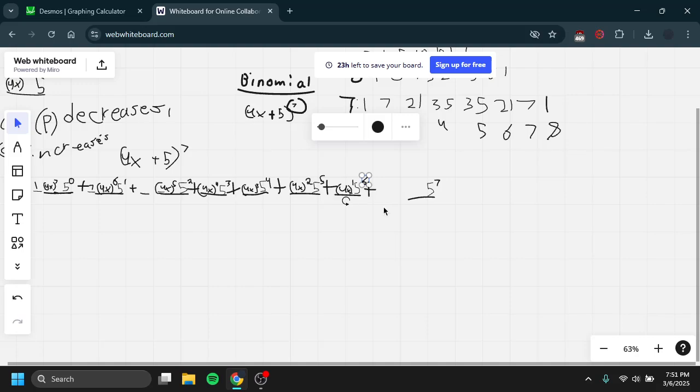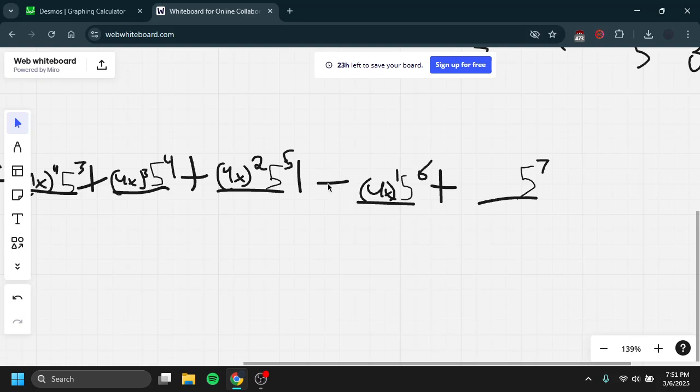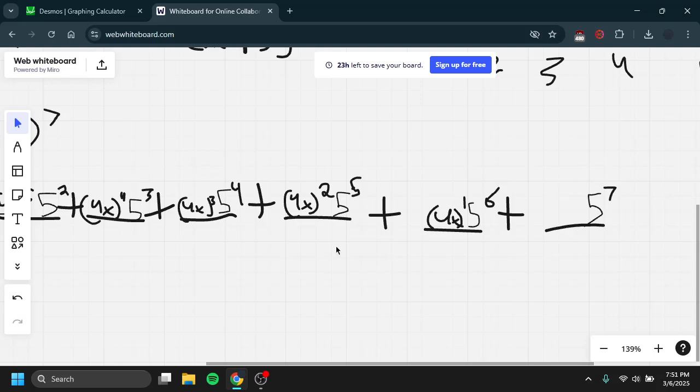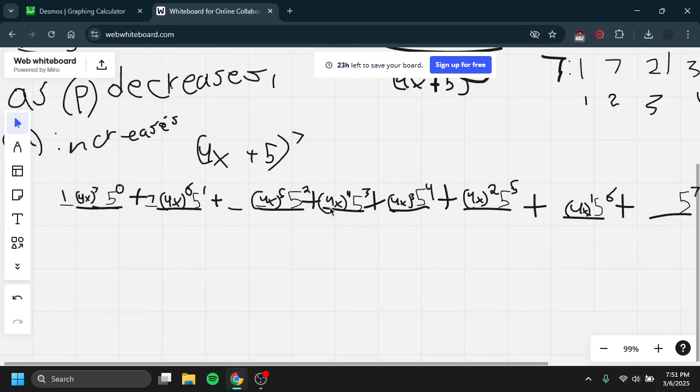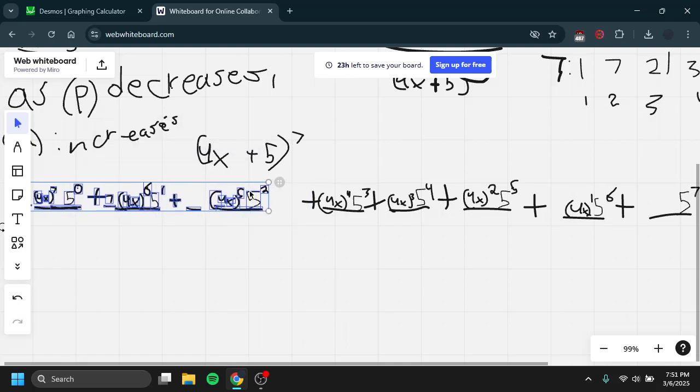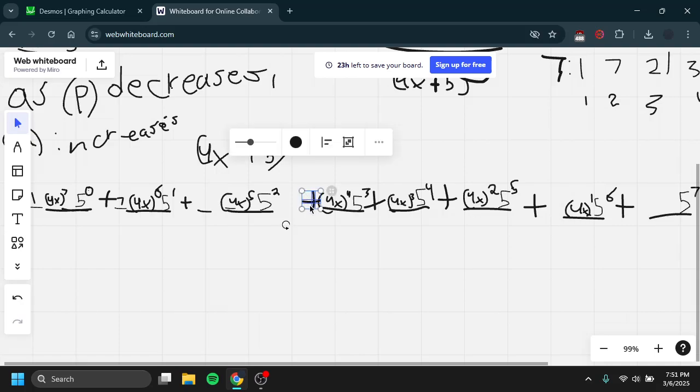Shift it. Sorry about the delay. Shift it down a little more.